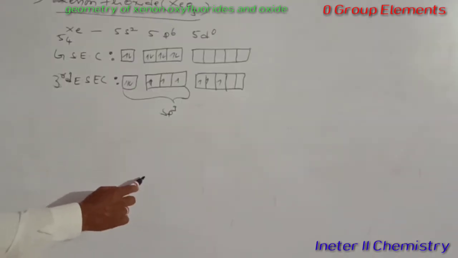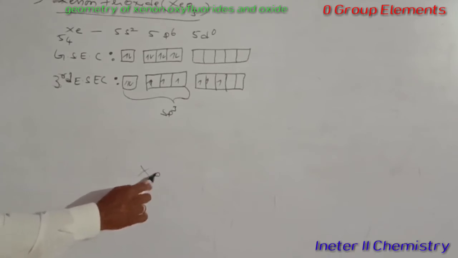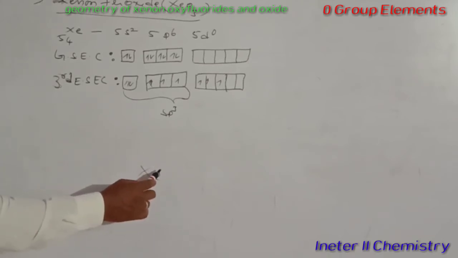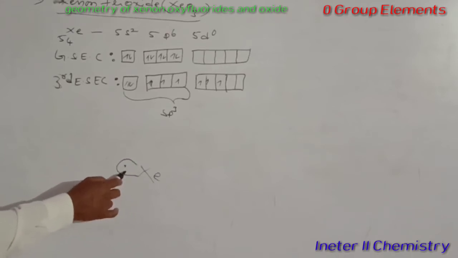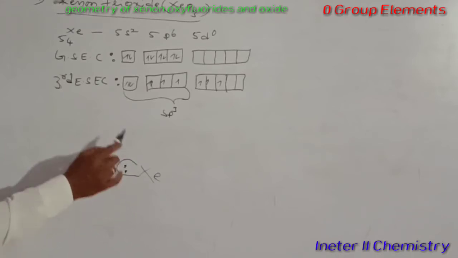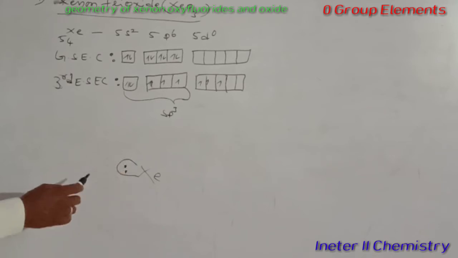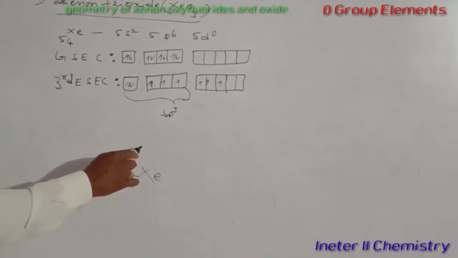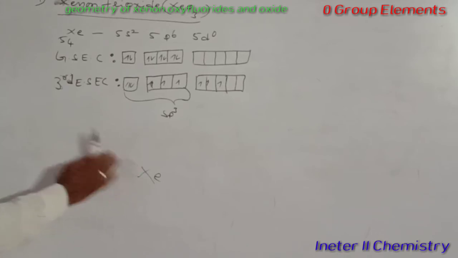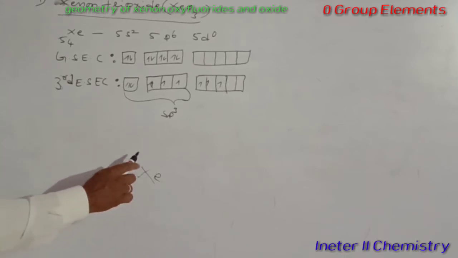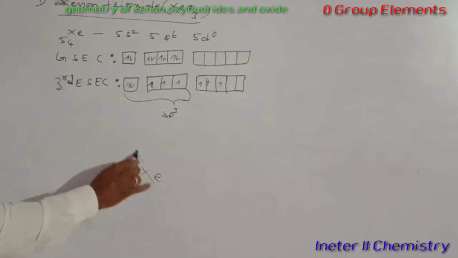So we can write the geometry like this. Xenon, you have to consider here, is an sp3 orbital with a lone pair of electrons. We write xenon containing one lone pair of electrons like this.